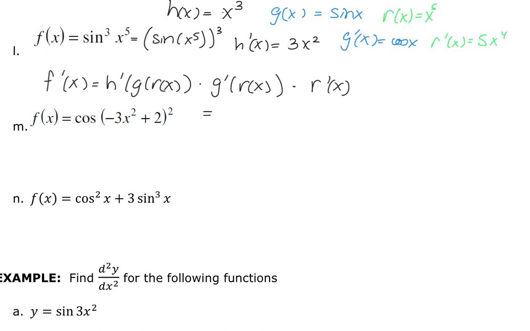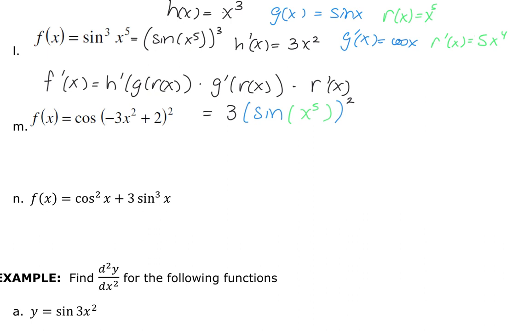This is going to be 3 times the sine of x to the fifth, the quantity squared. That is h prime of g of r of x. Now I'm going to do the derivative of the next function in, which is sine.